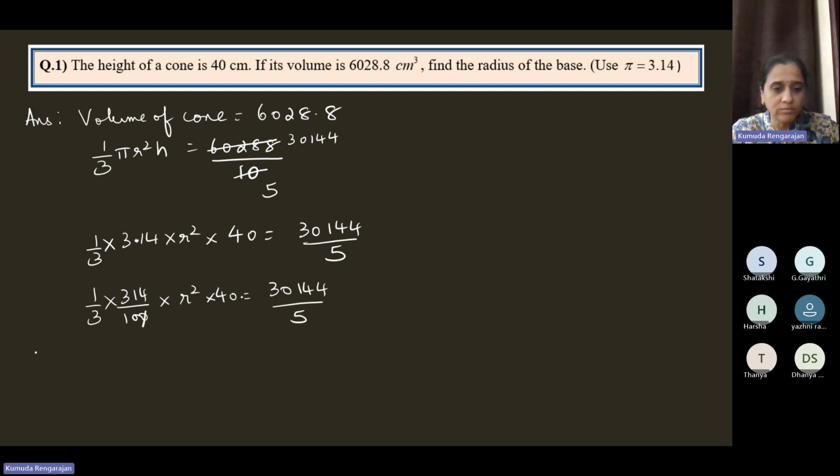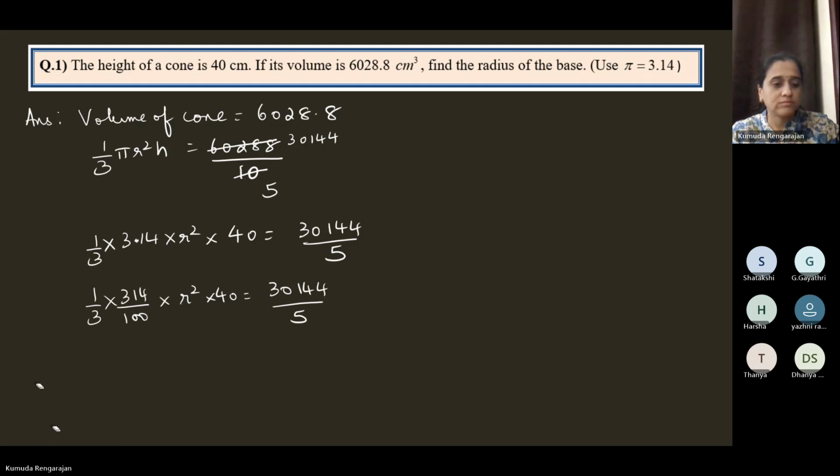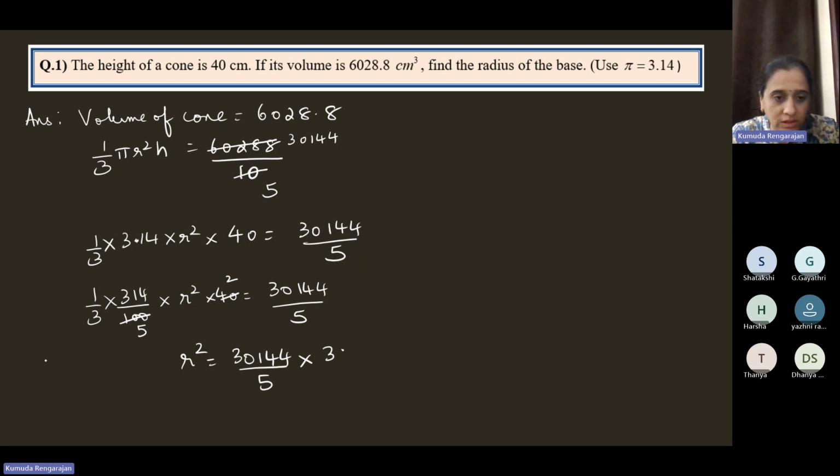So r square is equal to 30144 by 5 into 3 into 5 by 314 into 1 by 2.